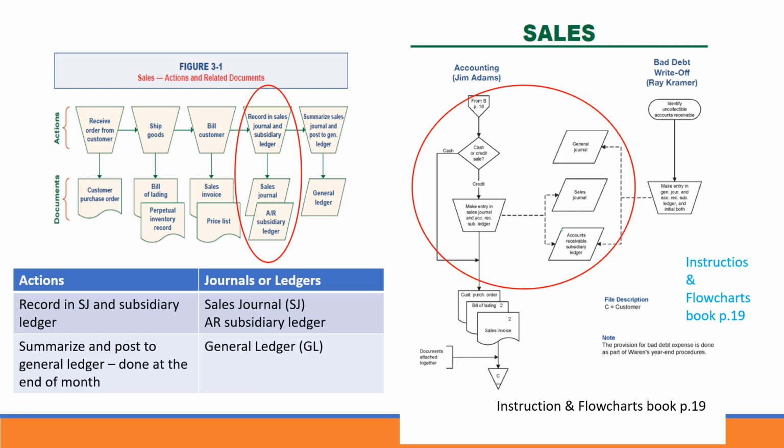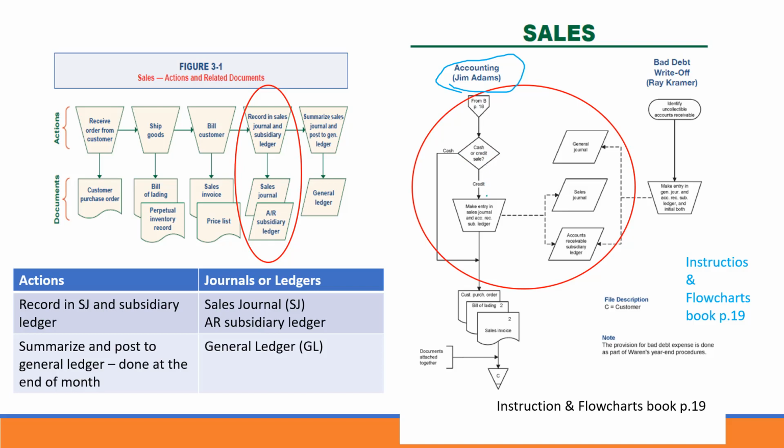So let's see what's in here. Once you shipped out the goods, then you can record this transaction. Before you ship out, you cannot do it. So this part is done at the time of shipment. So the accounting part, first you need to determine whether it's a cash sale or credit sale.